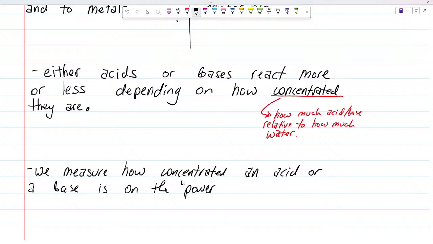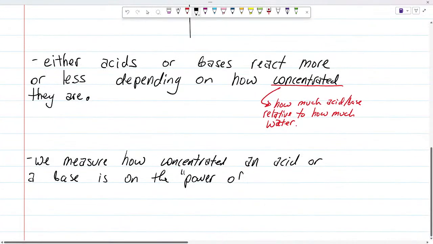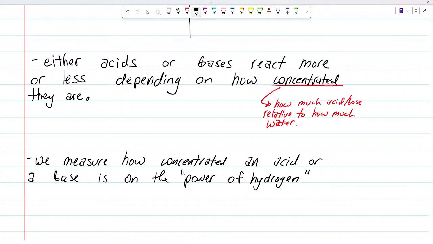And hydrogen, because what makes something an acid? pH, power of hydrogen, H plus ions. So the power of hydrogen, and you'll never say that again, because what we always call it is the pH scale.